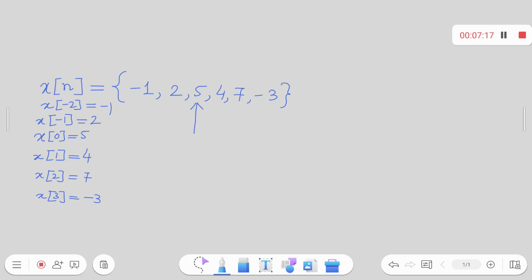Here we have to identify one function. We discussed different types of signals: pulse, impulse, step, exponential, and so on.